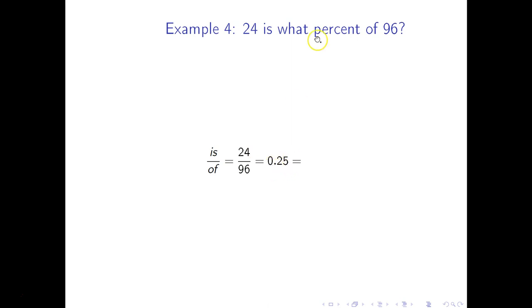But this is in decimal, and I want to know what percent. Percent from decimal means I move the decimal place 2 spots to the right, so it comes out as 25%. So anytime you have an is, and you're looking for the percent, we take the is over of.